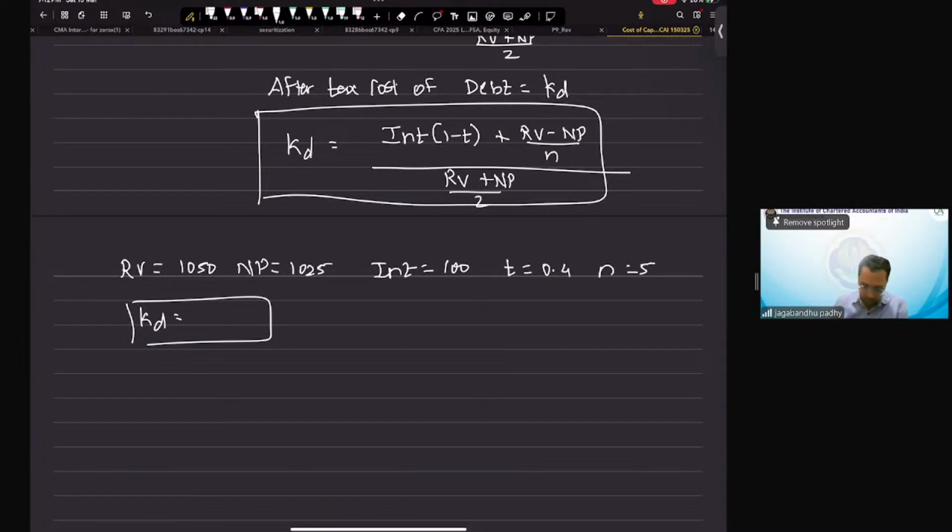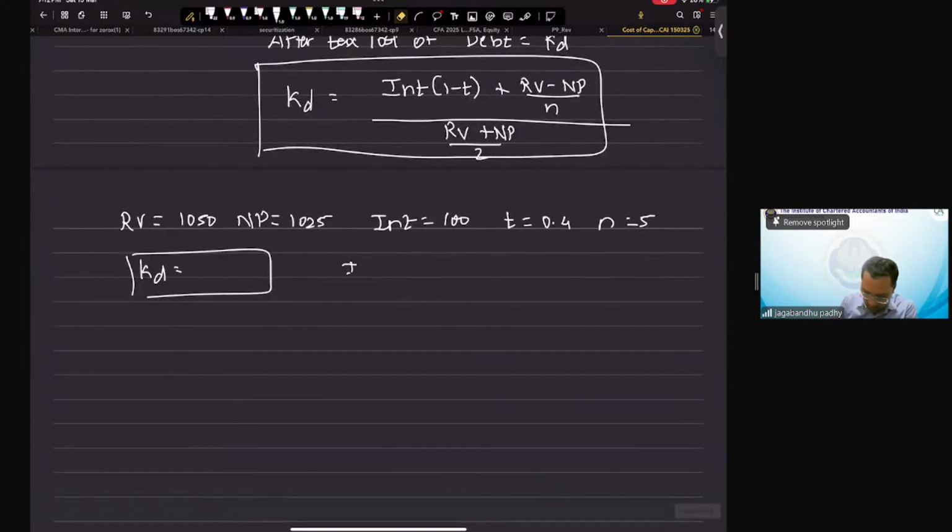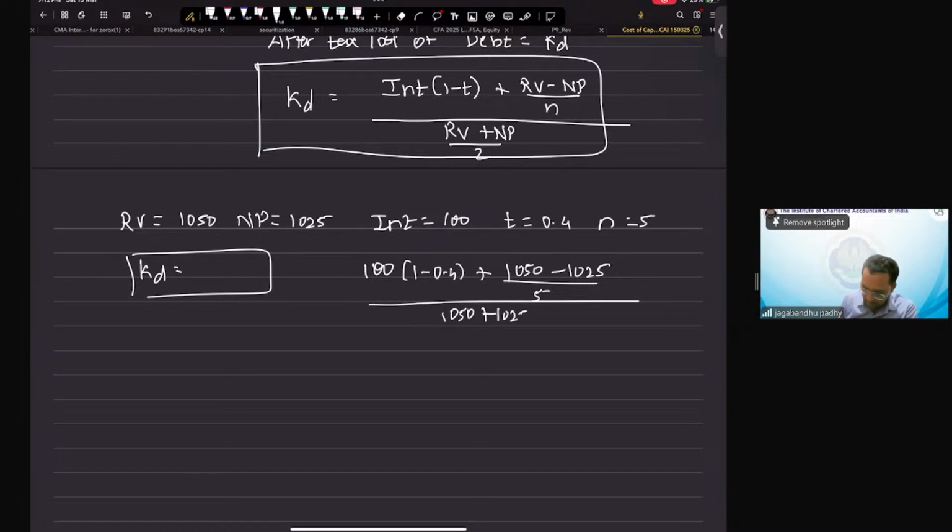So if I apply the formula, that's going to be 100 times 1 minus 0.4, plus redemption value 1050 minus net proceeds 1025 divided by 5, the whole divided by 1050 plus 1025 by 2.